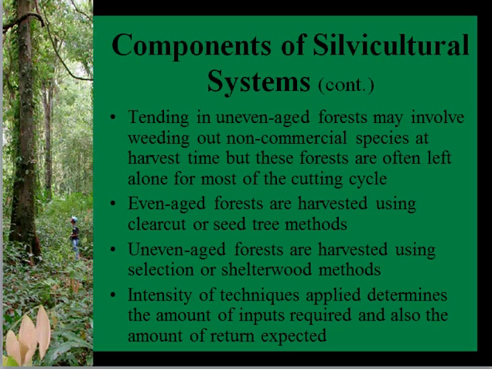So different techniques are employed in these different types of forests, these even-aged forests and uneven-aged forests. Generally, we tend to find uneven-aged forests in tropical regions. There are actually very few even-aged forests naturally in the tropical regions.